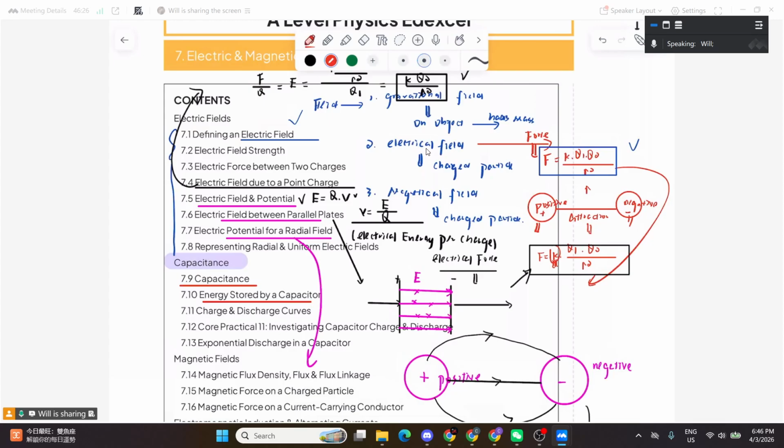And second, we learned the equation for energy stored by a capacitor. What is the equation that uses the charge quantity and the capacitance to calculate the energy stored in a capacitor? You remember?